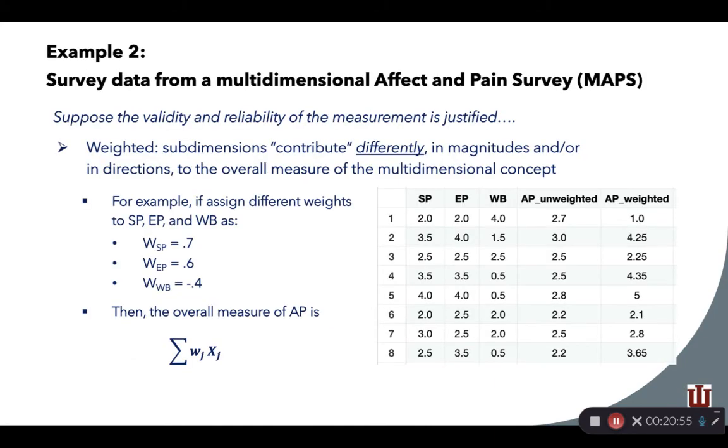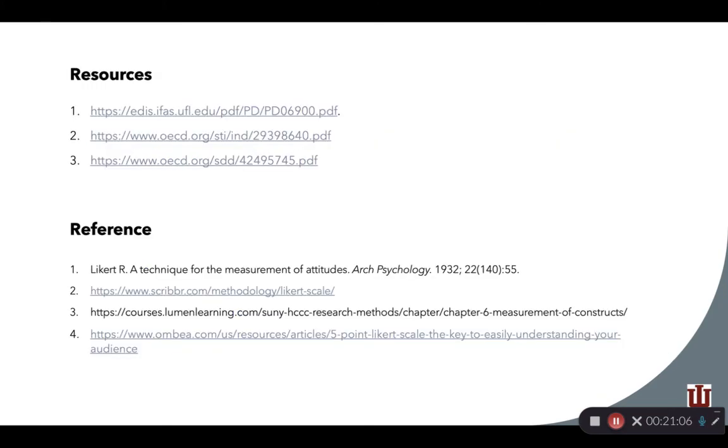So here are some very common and very basic considerations when we work with survey data of the Likert type. And here are some resources on designing a Likert-type scale survey and working with Likert scale data.